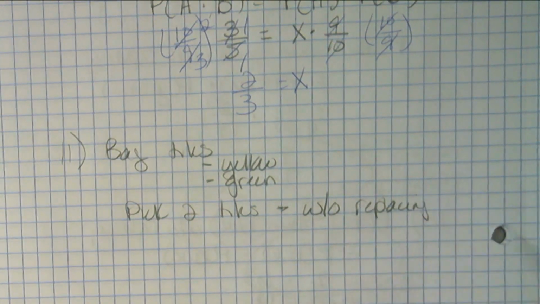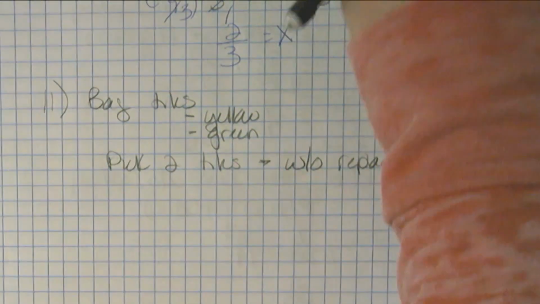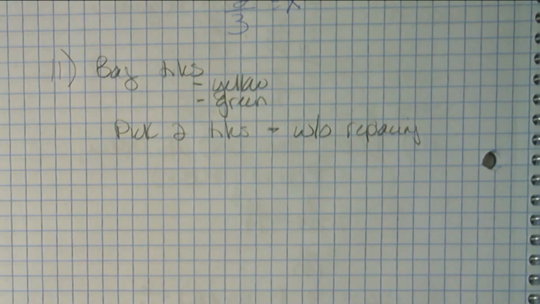Now, whether we have with replacing or without replacing, because we don't know the number of green and number of yellow, we're not finding the probability using the data. We just have to go with the numbers, and we just have to go with the formula. The formula is the same whether it's replacement or not replacement. So in this one, we don't have to account for the replacing or the not replacing. We're just going to put the data in. All right.